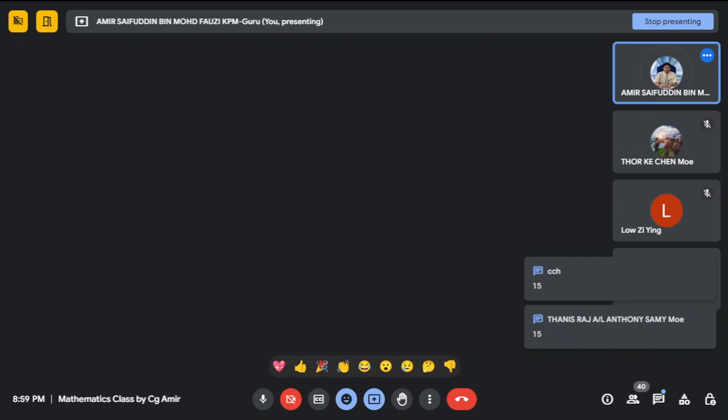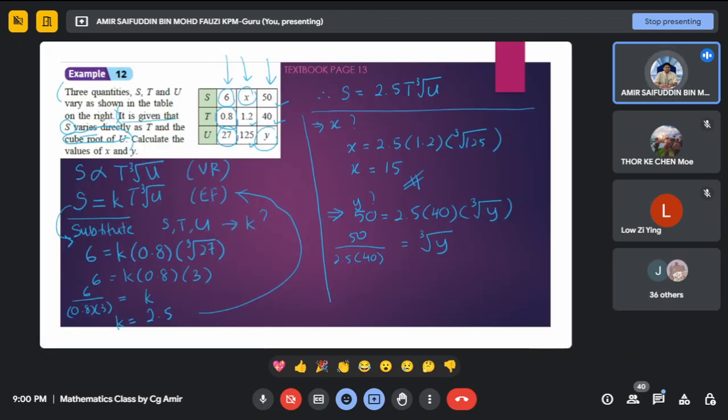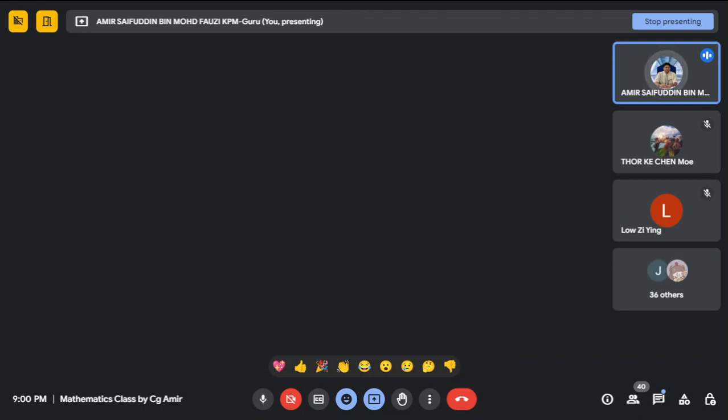You move 2.5 and 40 to the left side. 2.5 multiplied by 40, you get 100. So 15 divided by 100, you get 1 over 2.